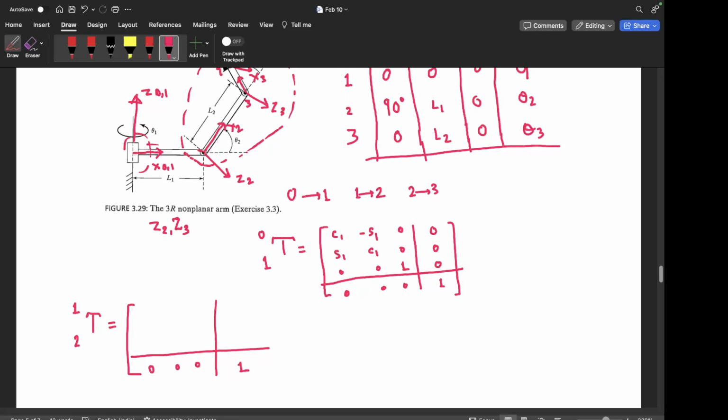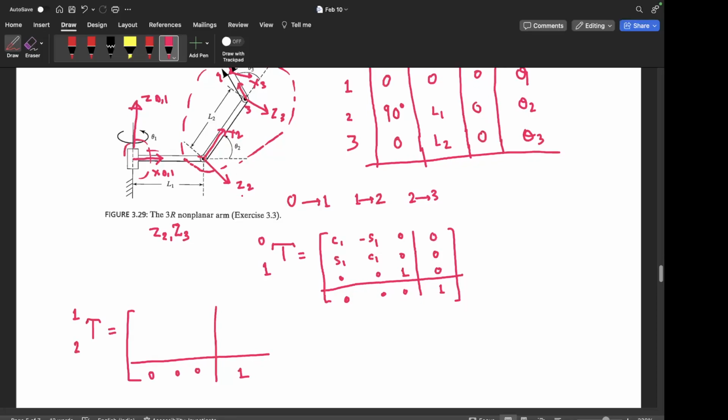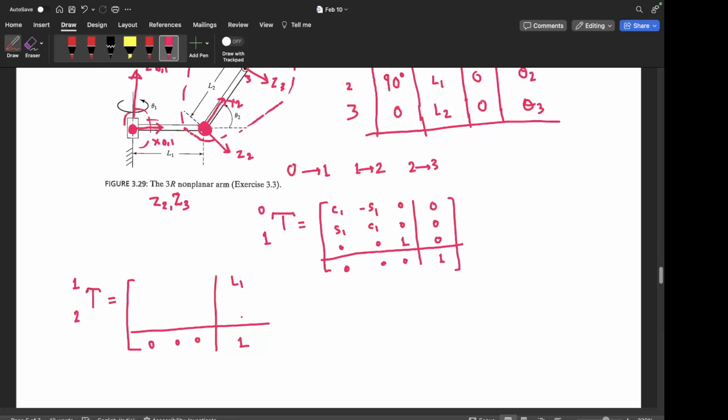So first let's write the translation part. The origin of the second frame from the first frame is at a distance of L1 along the x1 axis.